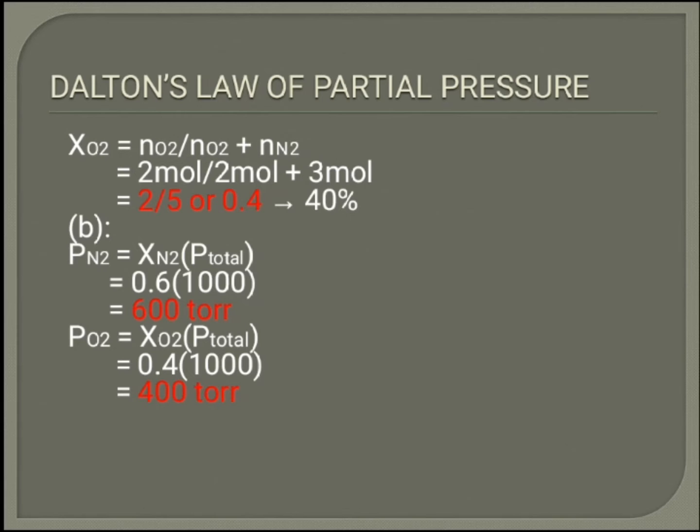Now to calculate the partial pressure of O2, it's going to be the mole fraction of O2 times the total pressure. The mole fraction is 0.4. The total pressure is 1000. So the partial pressure of O2 in this example is 40% of the total pressure, so that is going to be 400 torr.